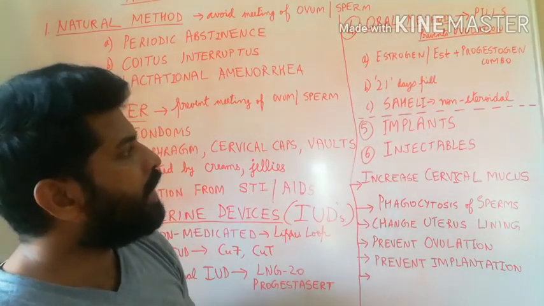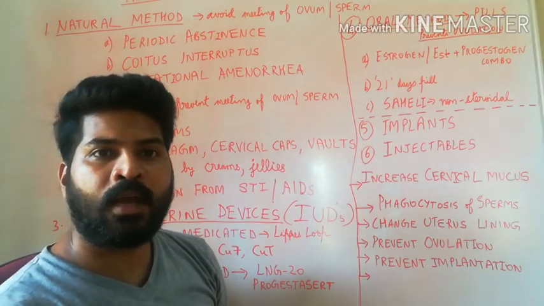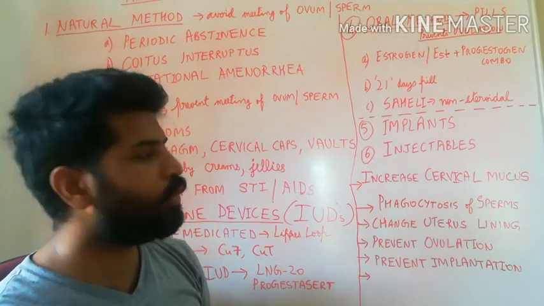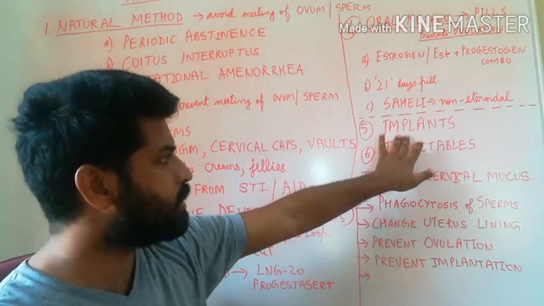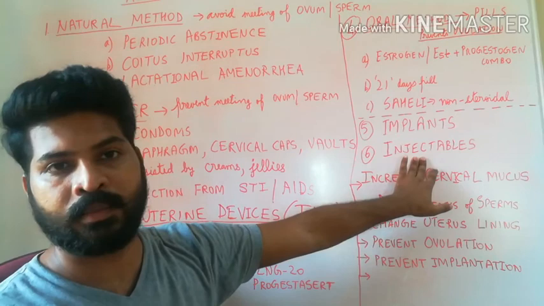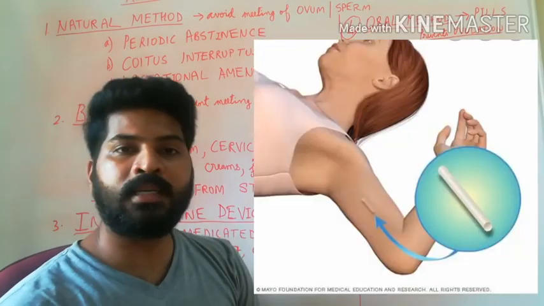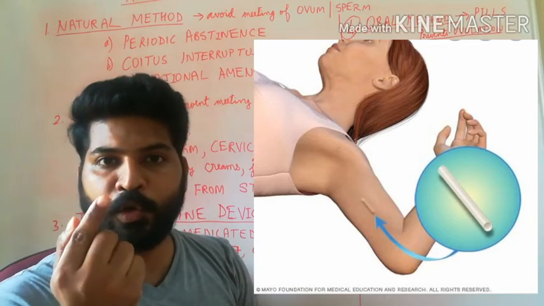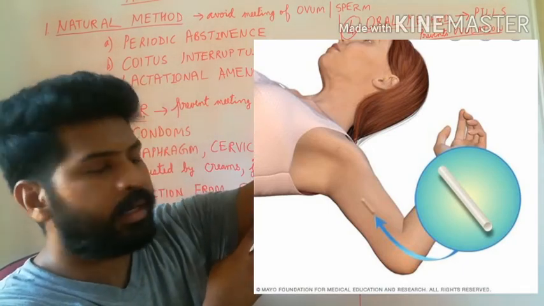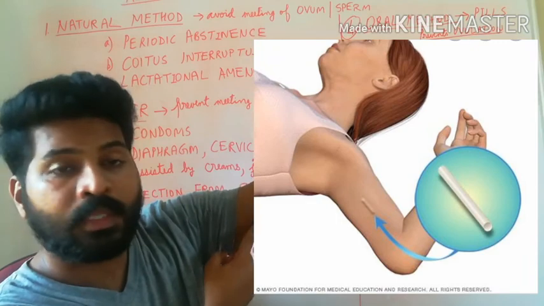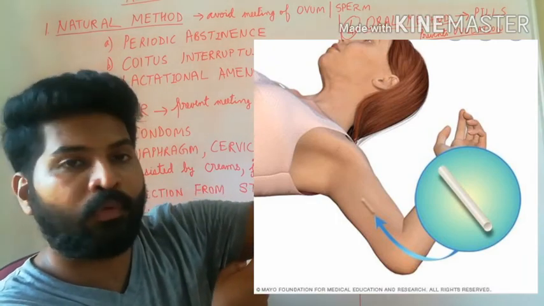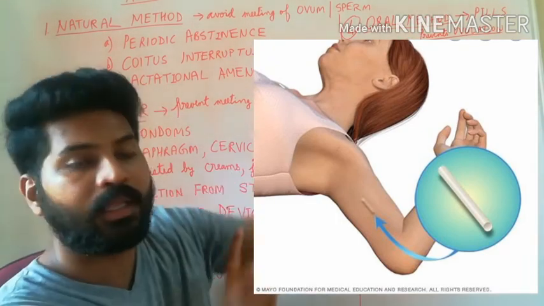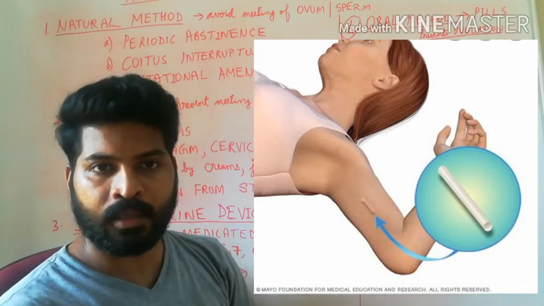Then we have other techniques which are not so commonly used, for example, implants and injectables. In the case of implants, a plastic based flexible tube is implanted below the upper arm. This is for females. So with the help of doctor's services, it is implanted over here, as you can see in the diagram.